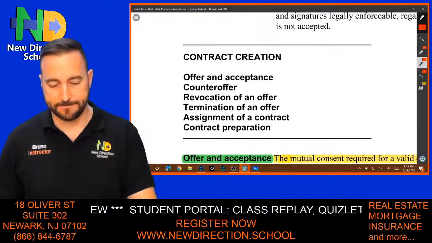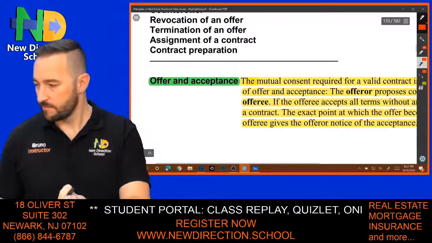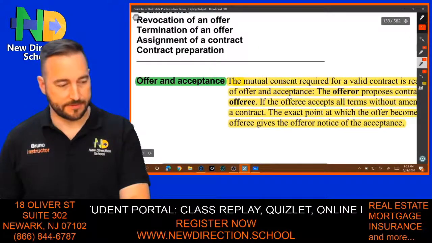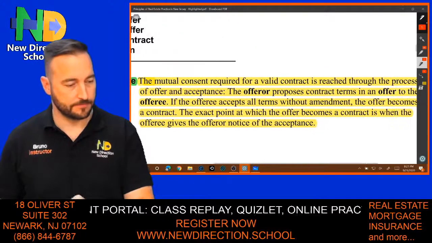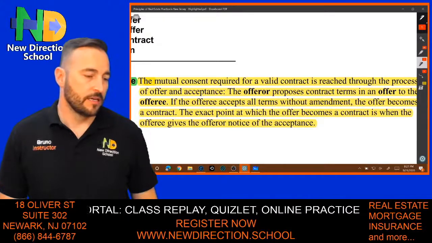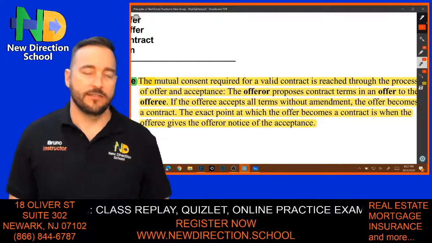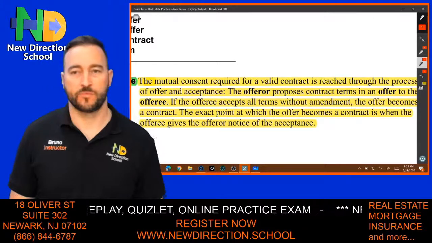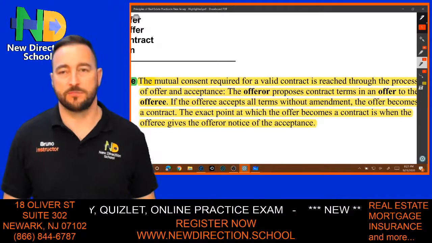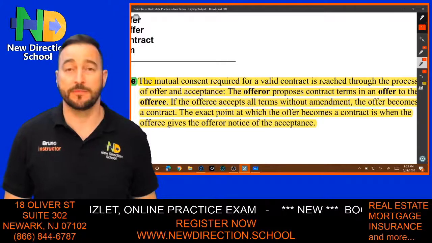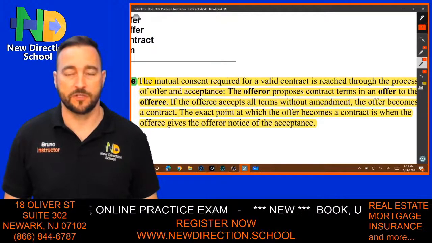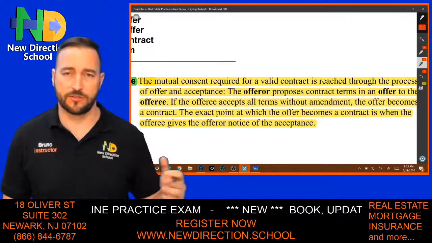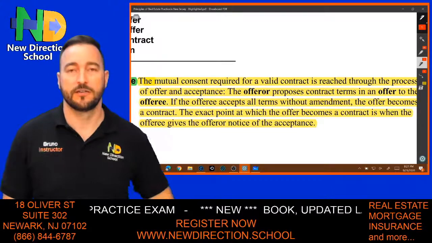Contract creation. Let's start with offer and acceptance. Yeah, so the old book does not say certain contracts, but it says most contracts. The old book says most contracts must be in writing, or some contracts must be in writing, or in certain instances, not all contracts must be in writing.